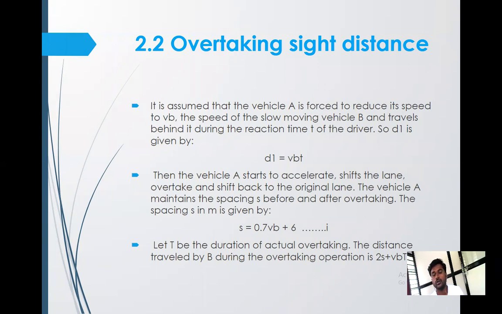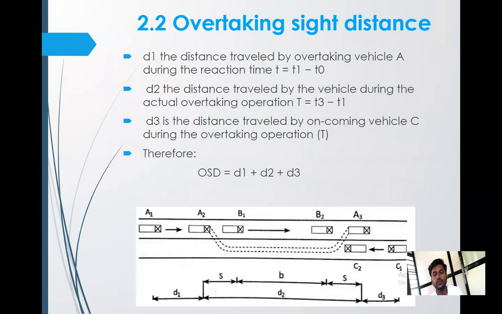Now, as we see here, D1 is the distance traveled by vehicle A, but the velocity is taken as that of the slow moving vehicle, that is B. Why?